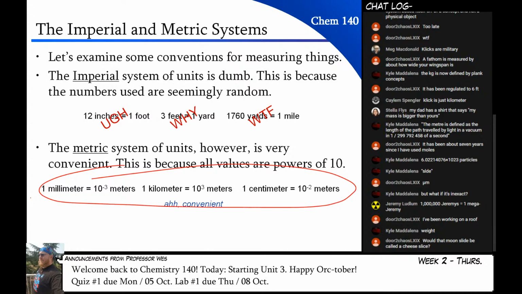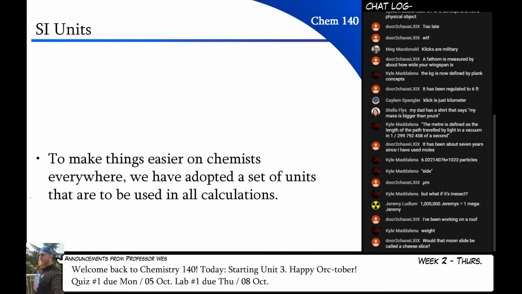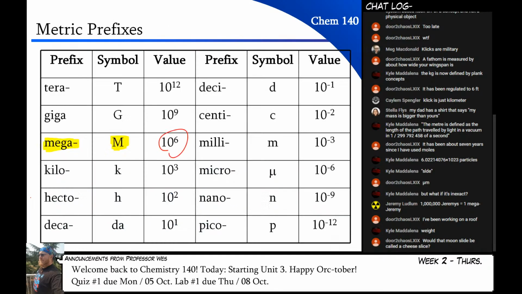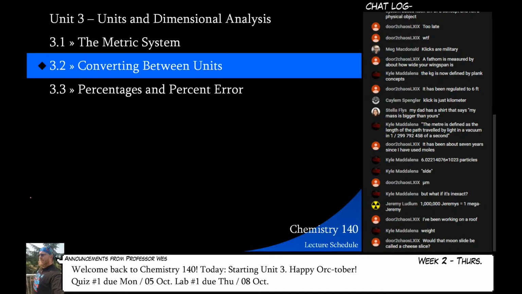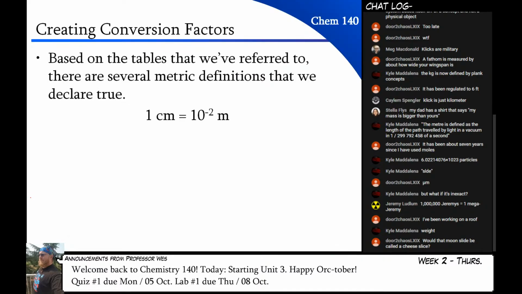So we have a bunch of these conversions, and we have even more of them on the table here. And we're going to refer back to those tables as we do these problems. So I went back to the next section, 3.2 here. Here are some sample conversions that we're going to use for a few problems here.